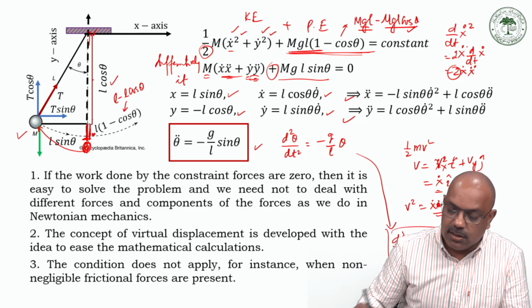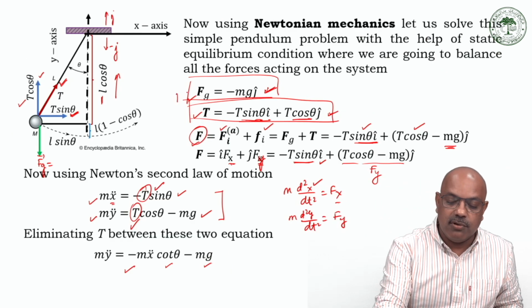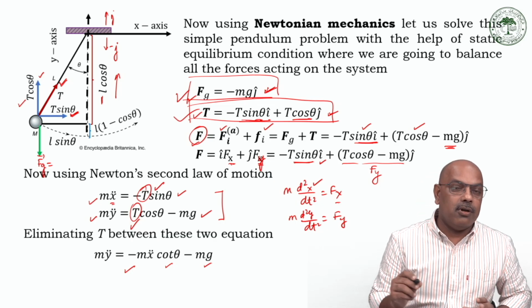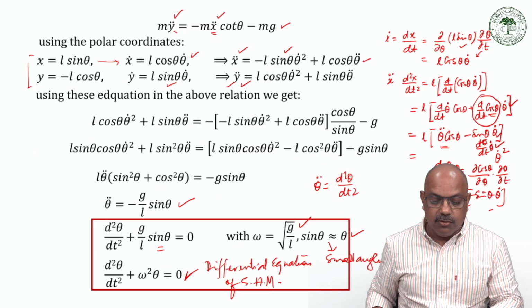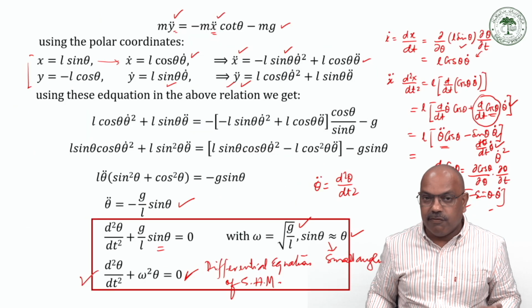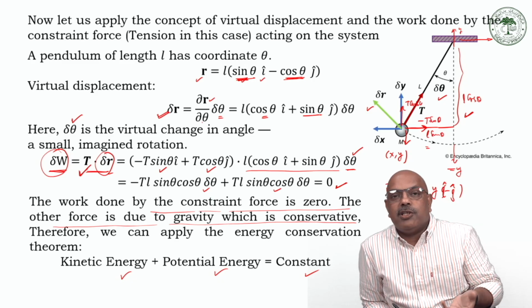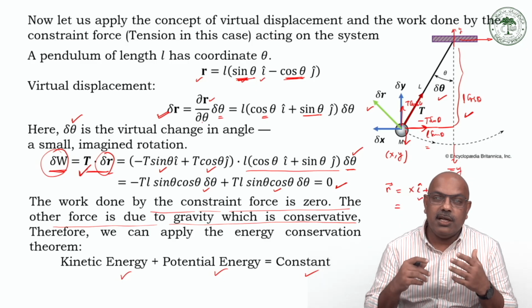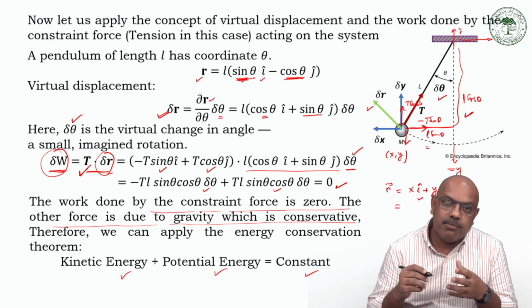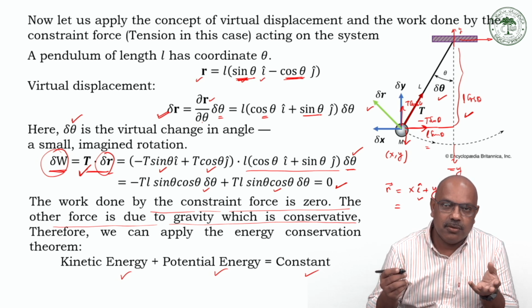The same equation you get, but the difference is that in Newtonian mechanics you have to look for all types of forces acting on the system, equate all of them, and then you get this differential equation. But when you apply the concept of virtual displacement, which says that the work done by the virtual displacement is 0, you automatically get rid of the constraint forces.